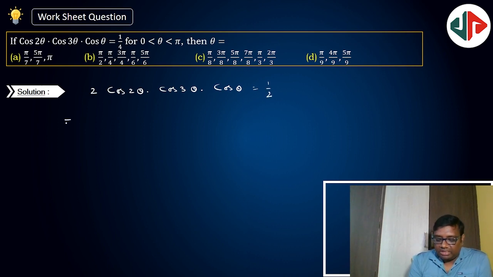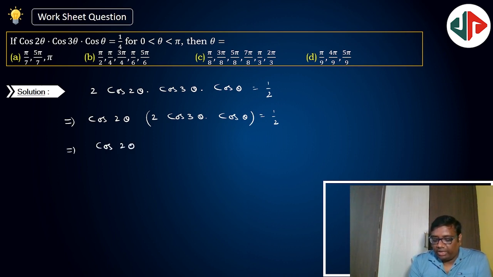Now I am rewriting this as cos 2 theta into 2 times cos 3 theta into cos theta is equal to 1 by 2. Now we can rewrite this as cos 2 theta into cos 4 theta plus cos 2 theta is equal to 1 by 2.